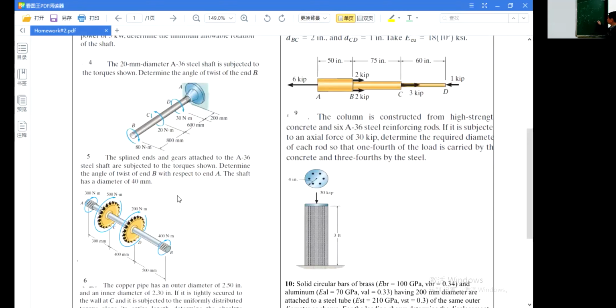So find the T is a minus 60. Eight. It's 30 what? 30 is here. So that's okay.